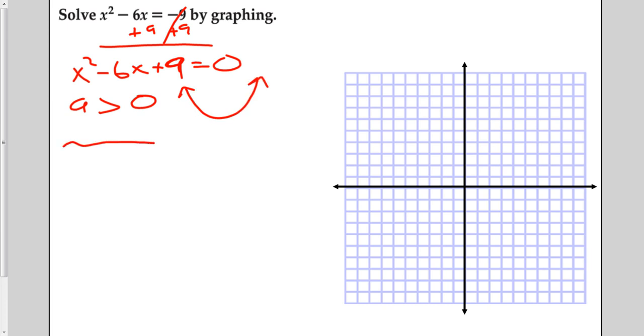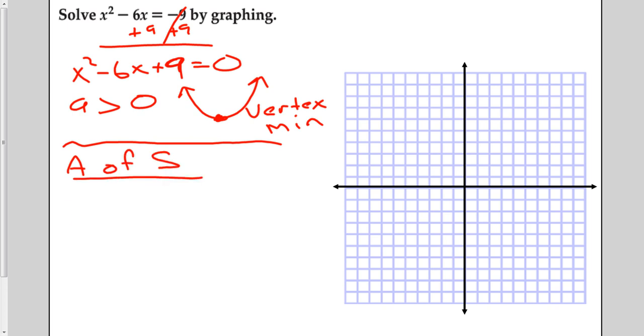And then the next thing we're going to look at is the fact that because the parabola opens upwards, we know that our vertex is going to be a minimum. So we know that right off the bat. Next thing we're going to do is find the axis of symmetry. The equation for the axis of symmetry is x equals minus b divided by 2a.